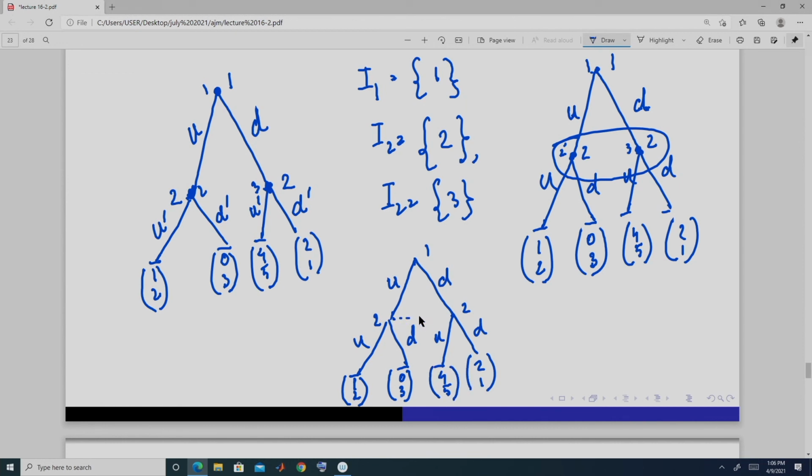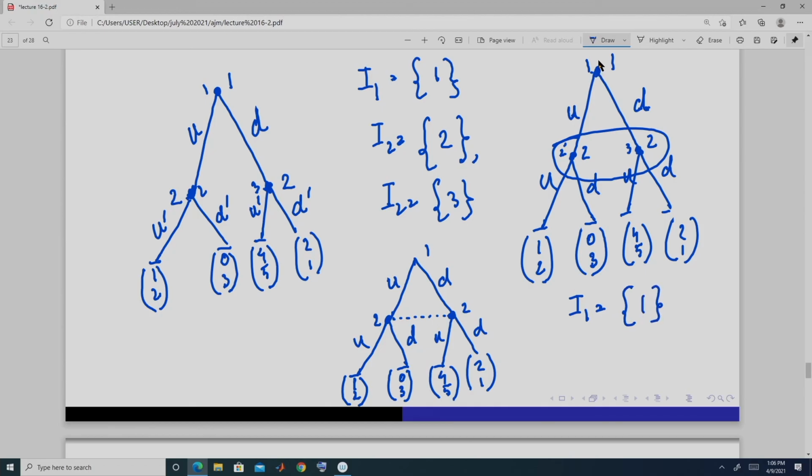Another way is to make a dotted line like this. If we connect these nodes by a dotted line, then it means that player 2 doesn't know whether it is in this node or in this node. That means player 2 has not observed the action of player 1. So here the information set of player 1 is node 1, because player 1 moves first.